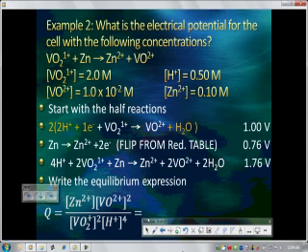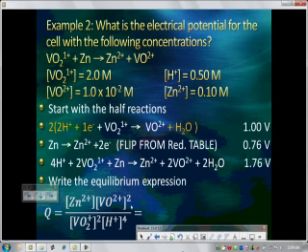So in the place of the zinc, we're going to put in the concentration of the zinc that we started with. So this is 0.1 molar. And then VO2 plus, here we go. Well, I'm going to put 1 molar, but remember we had a question. Oh, no more question.